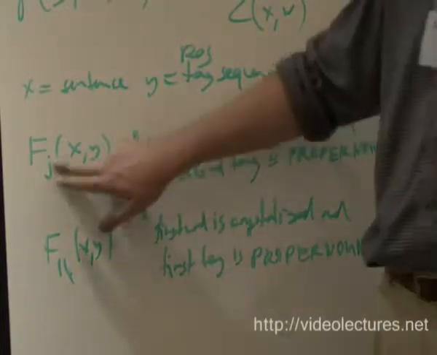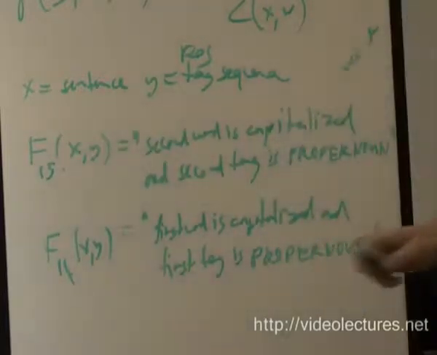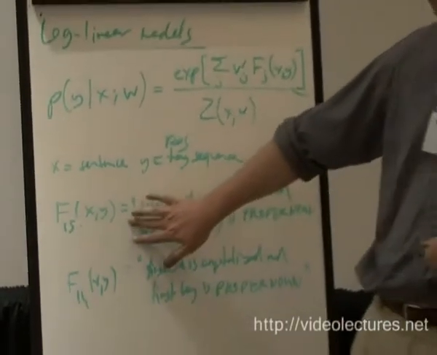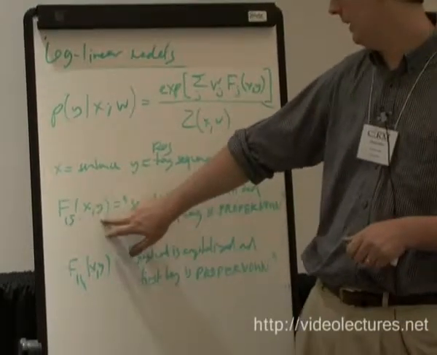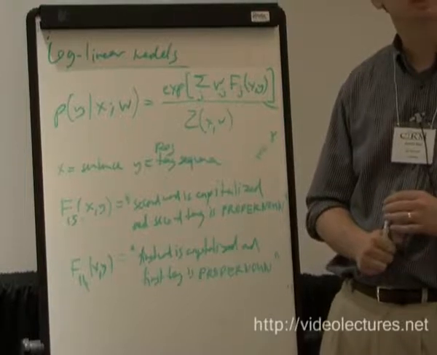But the weight, if this is feature 15, the weight W15 that we learned for this feature is going to be pretty big. Because if this feature is true, then Y tends to be the correct answer for X.